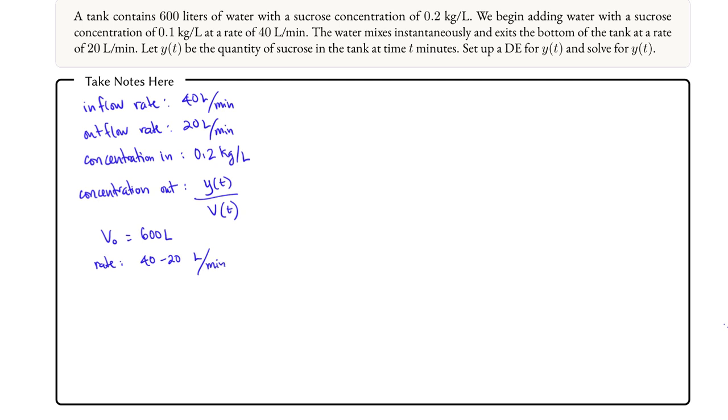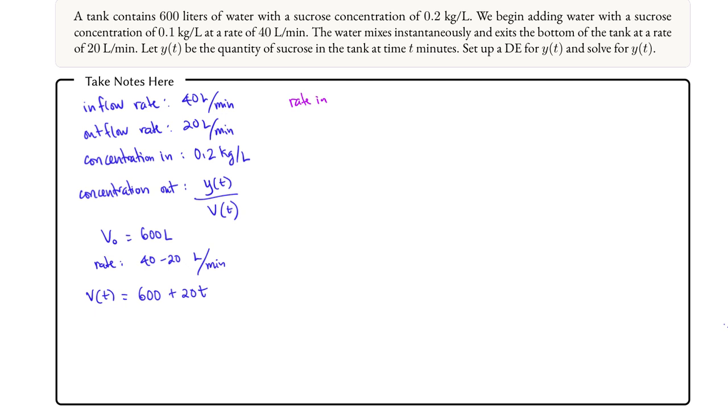And so every minute the volume increases by 20 liters. And so the volume as a function of t is 600 plus 20t. It is a function of time, with the initial volume of 600 and increasing by 20 liters per minute.